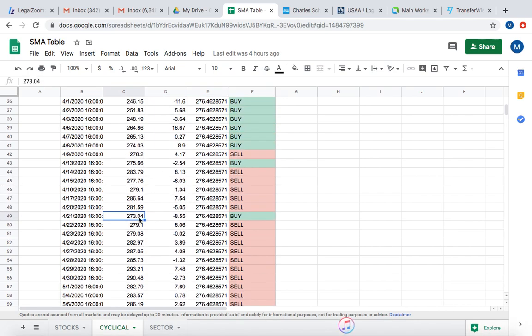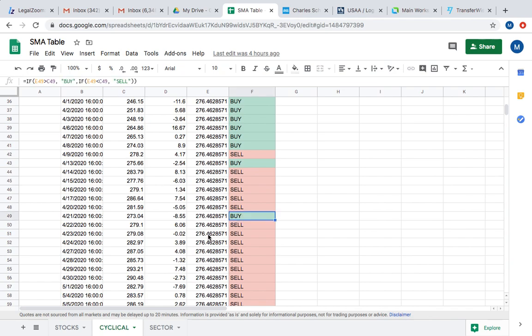But if you do look, you can find some interesting correlations where, say, when SPY was 273 on the 21st of April, we could have bought it then after it had dropped $8.55 to below the moving average. That's a significant drop for SPY itself.